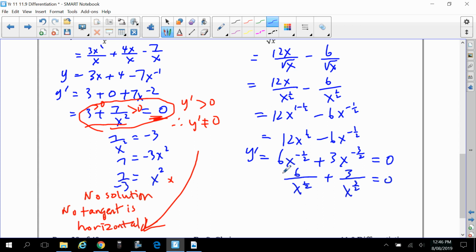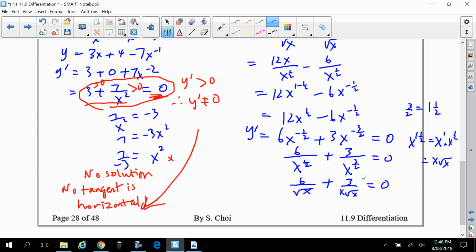All right. So the half is root x. Which again, when we solve the equation, we do not want negative index nor fractional index because that will complicate things. The other one, 3 over 2, notice is 1 and a half. And if we do x power 1 and a half, it's the same as x power 1 times x power half, which is just x and root x. So this thing is x root x. So we'll get rid of the fractional index.